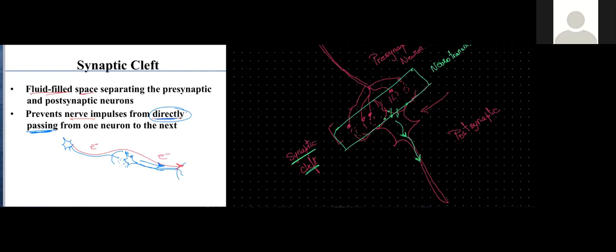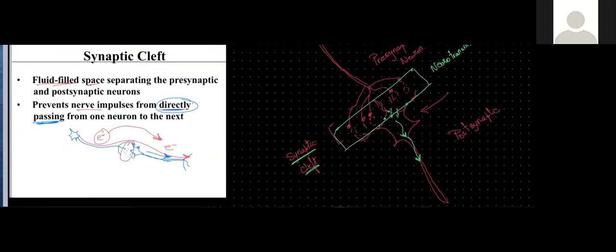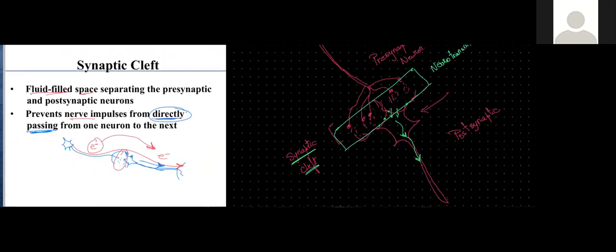Why would I release neurotransmitter that will bind to the receptor to open other channels to create an electrical impulse? If I already had an electrical impulse, why don't I just allow it to travel directly from one cell to the next cell? Any guesses?